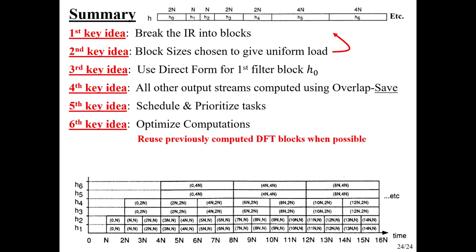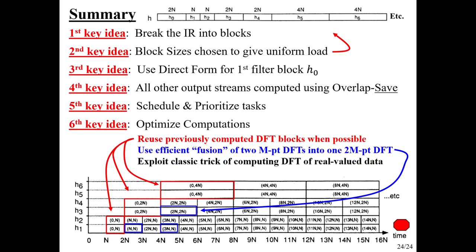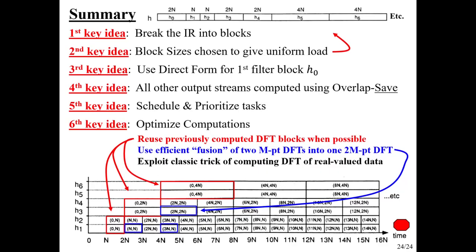So reuse previously computed DFTs whenever we can, fuse two M-point DFTs into one 2M-point DFT. Those are the locations where we would have that. Exploit all sorts of classic tricks for computing DFTs, especially the fact that all of our data is going to be real valued. And that is the end.